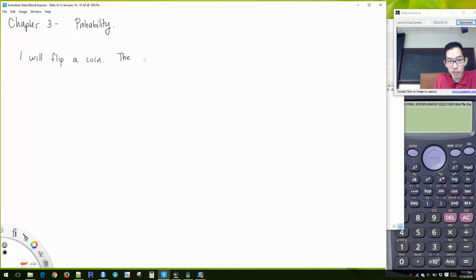The probability that the coin will land heads is 0.5, okay? And so, when I talk about probabilities, the probability is going to be a number between 0 and 1.